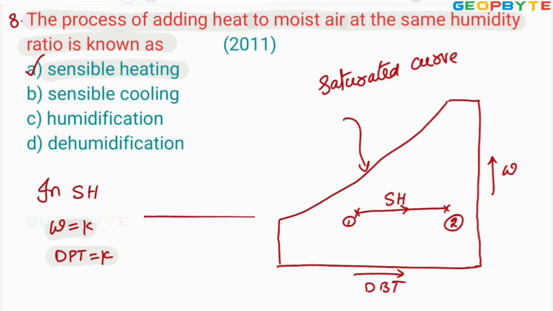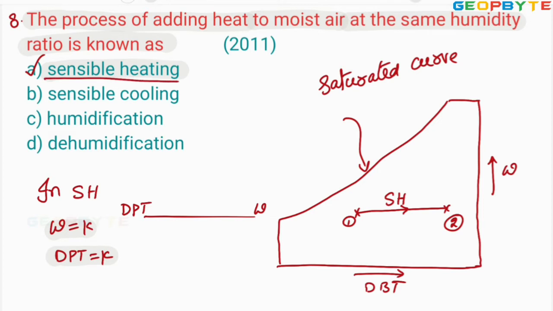From the left end you can take the DPT, from the right end you can take the specific humidity. W is for specific humidity. Anyhow, the method of adding water vapor to the atmospheric air at constant specific humidity or at constant dew point temperature is called sensible heating. I hope you got my point.